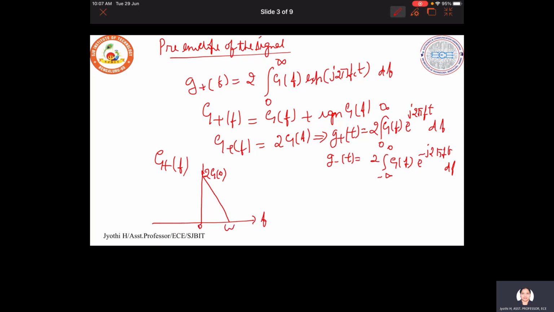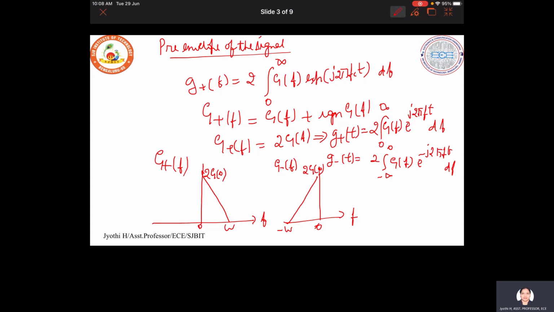Similarly, for the negative frequency, G minus of F is equal to 2 times G naught. This is 0, and the x-axis varies with respect to frequency.